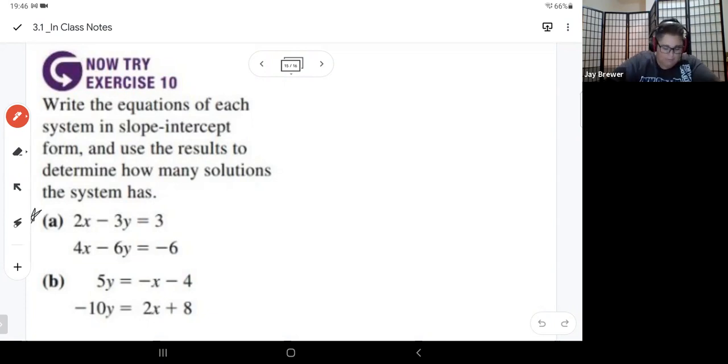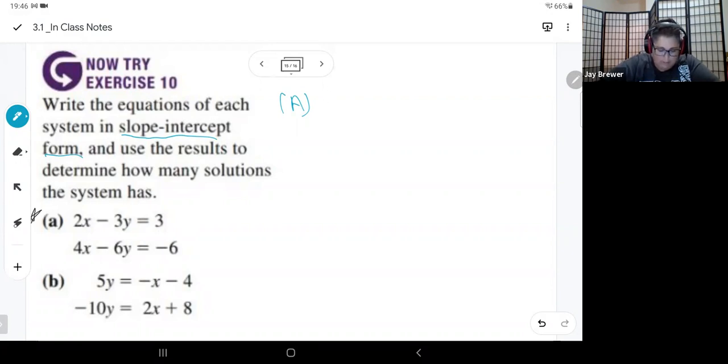All right. So here's the first one. What we're going to do here is write the equation of each system in slope-intercept form and use the results to determine how many solutions the system has. So first, let's get these into slope-intercept.